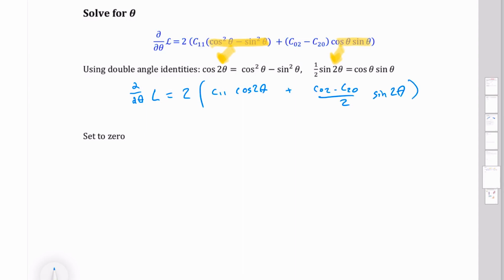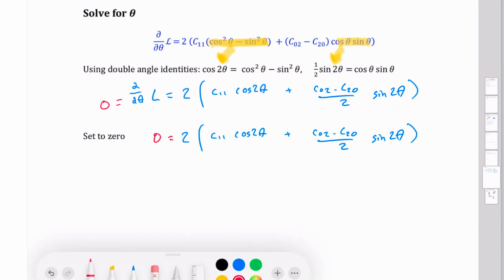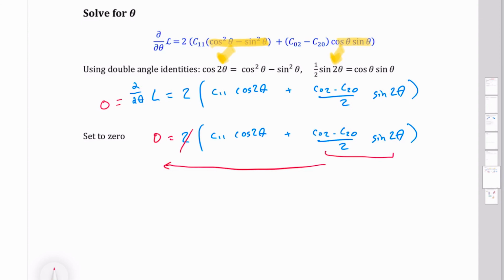And so now to solve for what value of theta minimizes it, we just set this to equal 0. So say that equals 0, and then I want to solve for that. One of the simplifications I can do is I can get rid of this 2, and then I am going to pull this term over onto the other side. To move this to the other side, it's going to change the sign, so I can do that by just swapping the order of these.